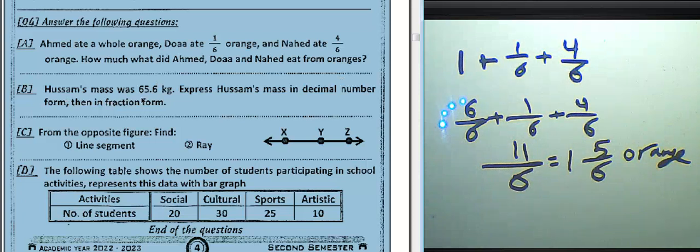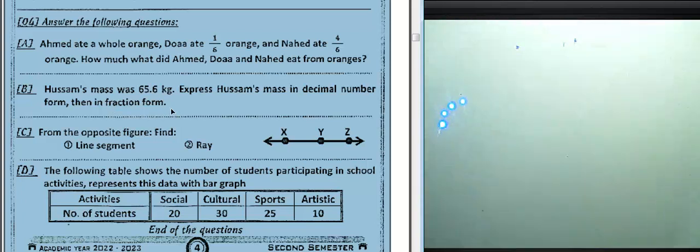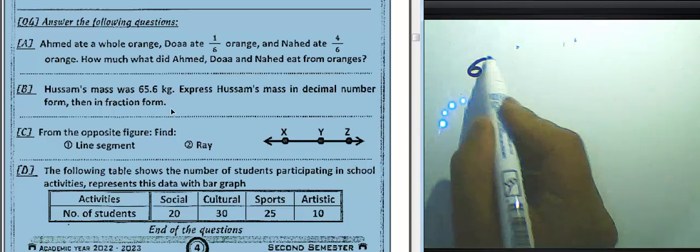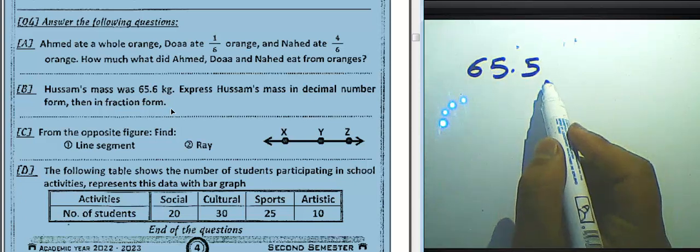Hussam's mass was 65.5 kilograms. Express Hussam's mass as a decimal number and in fraction form.